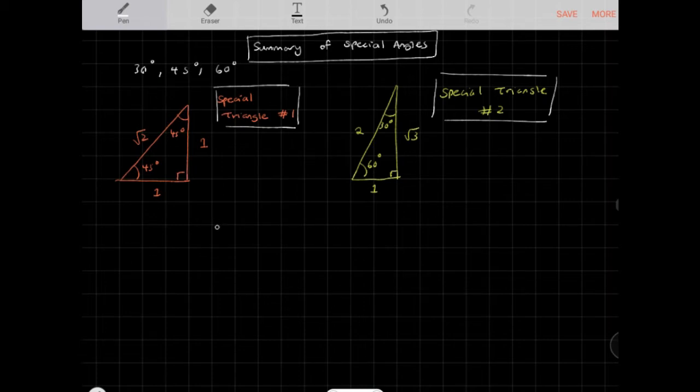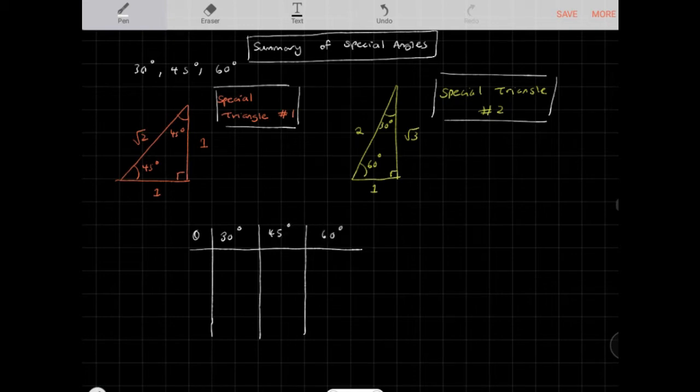If I make a summary chart regarding this, I'm just going to construct this. We have theta on top here: 30 degrees, 45 degrees, and 60 degrees.